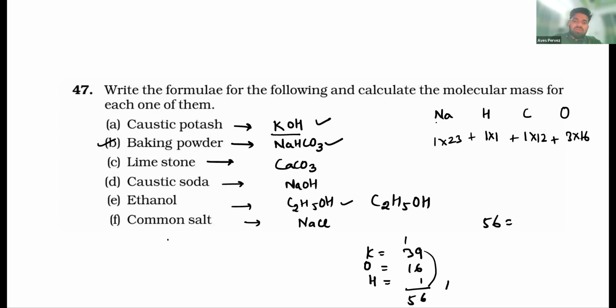There is one sodium atom present here, one hydrogen atom, one carbon atom, and 3 oxygen atoms. So the molecular mass is 1 into 23 for sodium, 1 into 1 for hydrogen, 1 into 12 for carbon, and 3 into 16, which is 48, for oxygen.